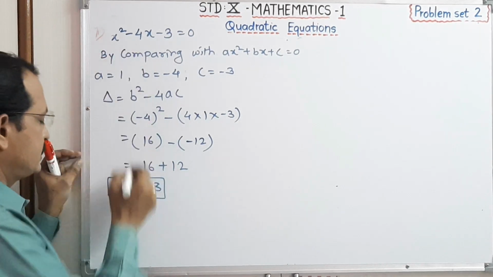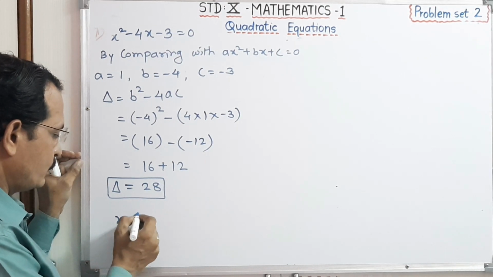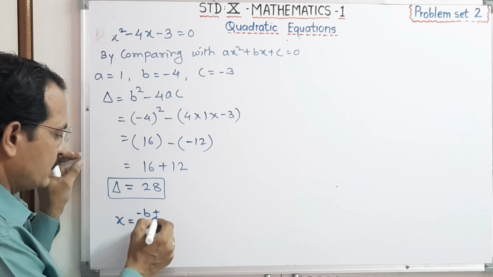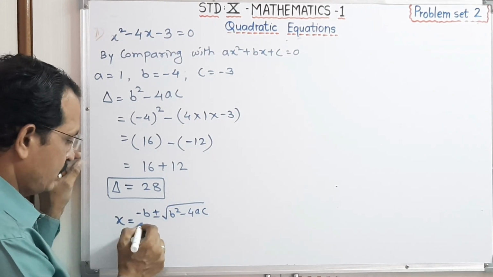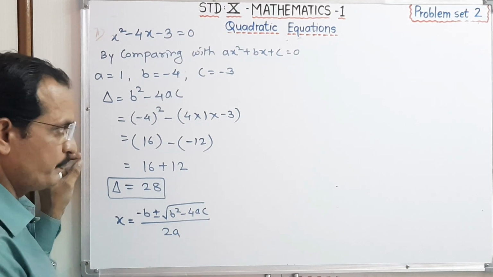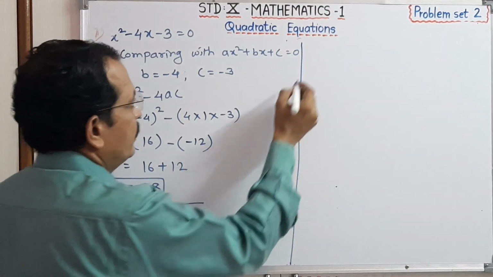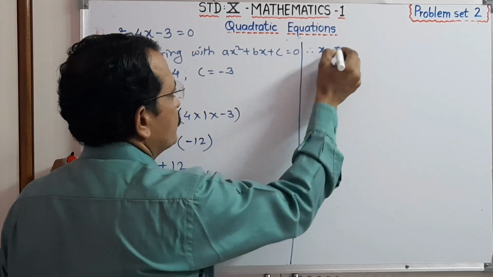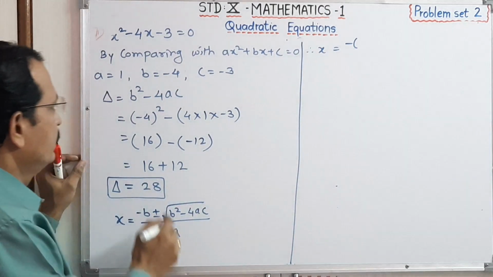Therefore variable is x. We have to write the formula x is equal to minus b plus minus under root b square minus 4ac upon 2a. Now substitute the values. Therefore x is equal to minus, what is the value of b?